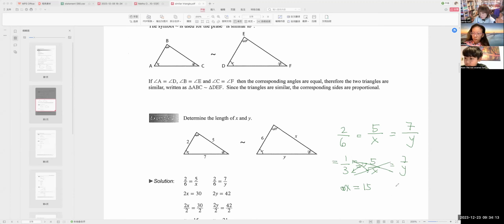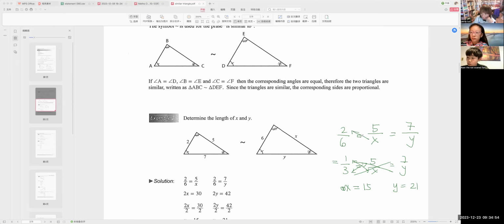And cross multiplying, 1y equals 21. Understand, everybody?